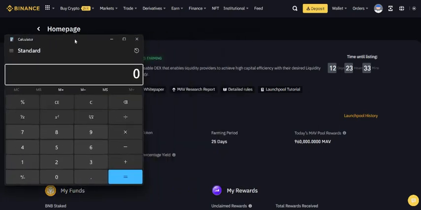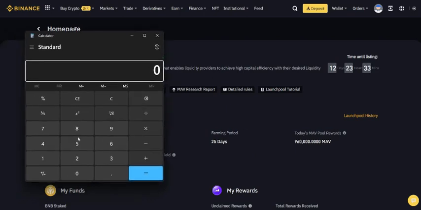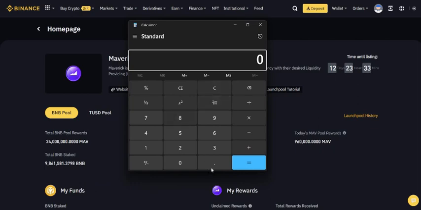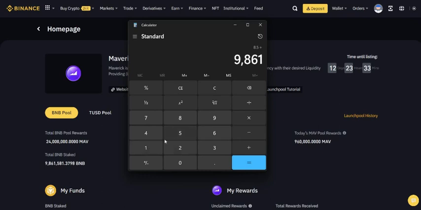We can also quickly calculate how many MAV tokens I can expect to get. So for example, I have staked 8.5 BNB. So 8.5 divided by 9861581 BNB. So this is my overall weight. I can multiply this with today's pool rewards, which is 960,000.